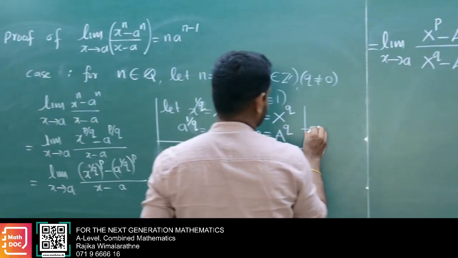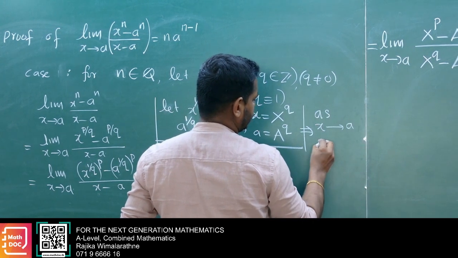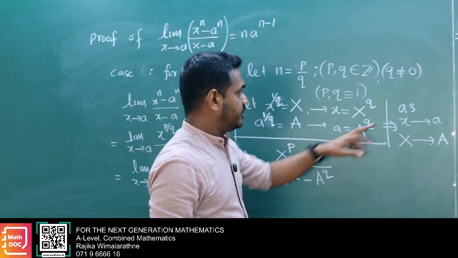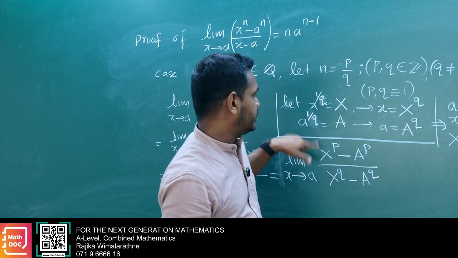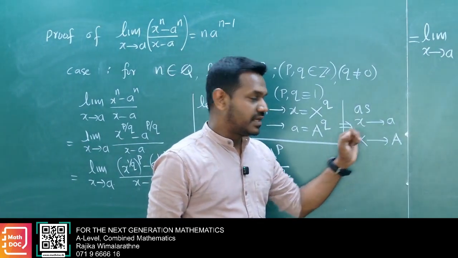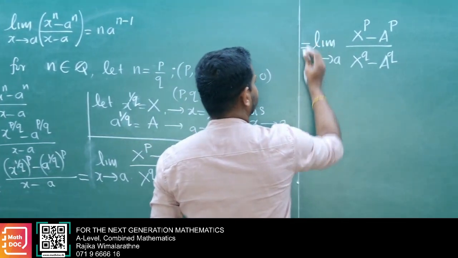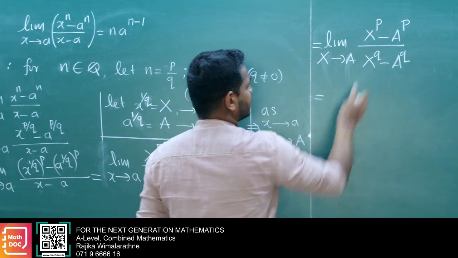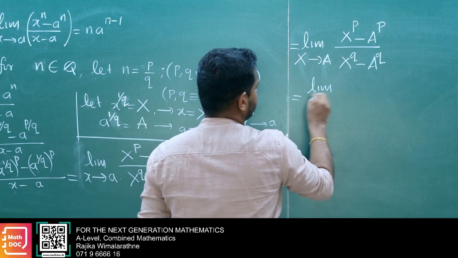Then by this substitution you say as x goes to a, capital X goes to capital A. Here as x goes to a, x to the power 1 over q goes to a to the power 1 over q, which means capital A. Therefore, as x goes to a, capital X goes to capital A. Then you change this limit, capital X to capital A. Then now divide by x minus a, both upstairs and downstairs, and separate the limits.